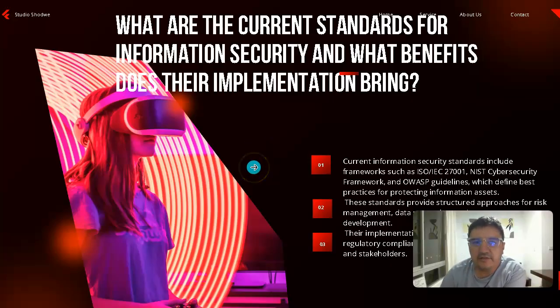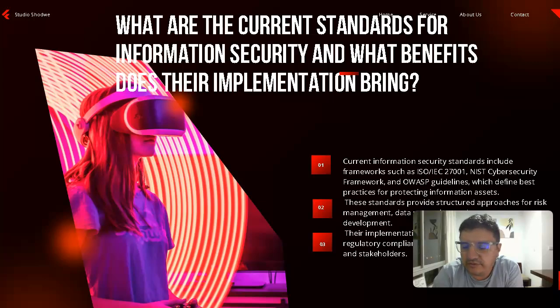What are the current standards for information security and what benefits does their implementation bring? The current information security standards include frameworks such as ISO/IEC 27001, the NIST Cybersecurity Framework, and OWASP guidelines, which define best practices for protecting information assets.